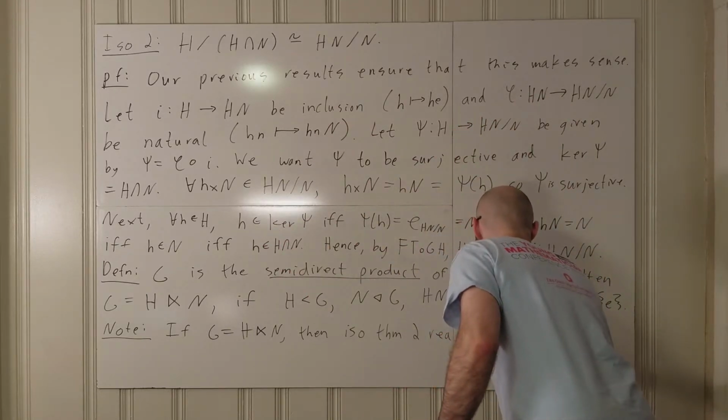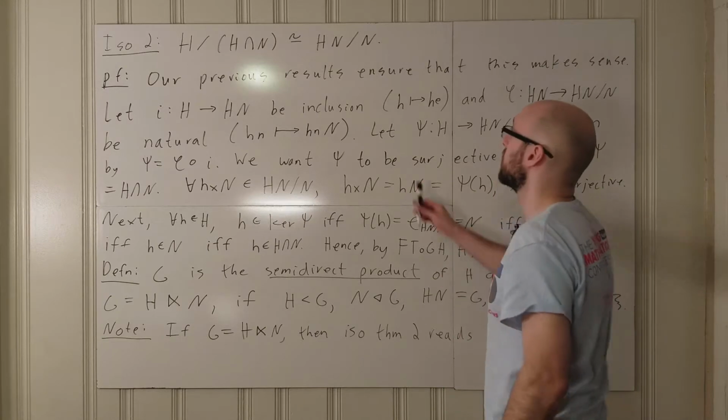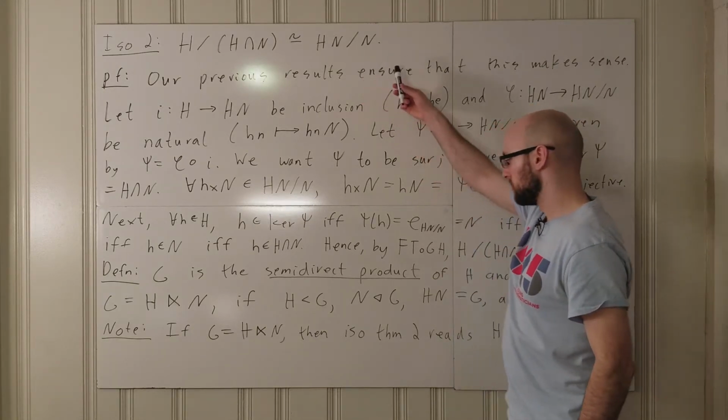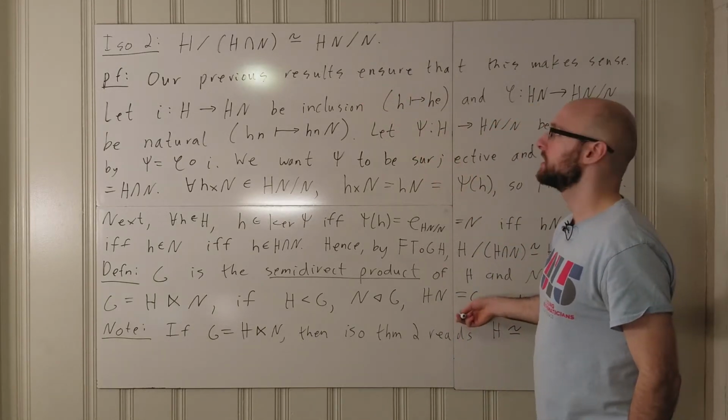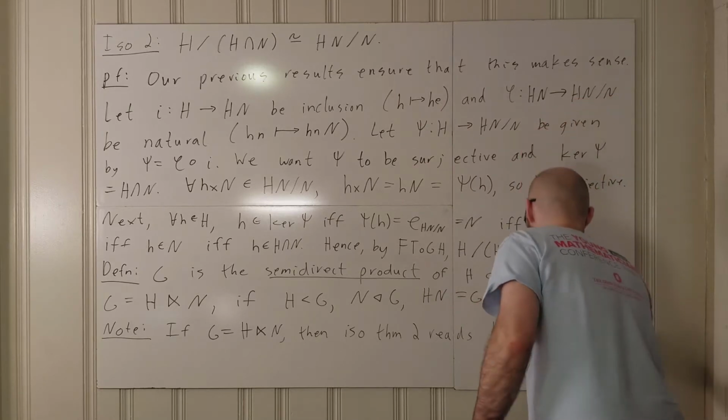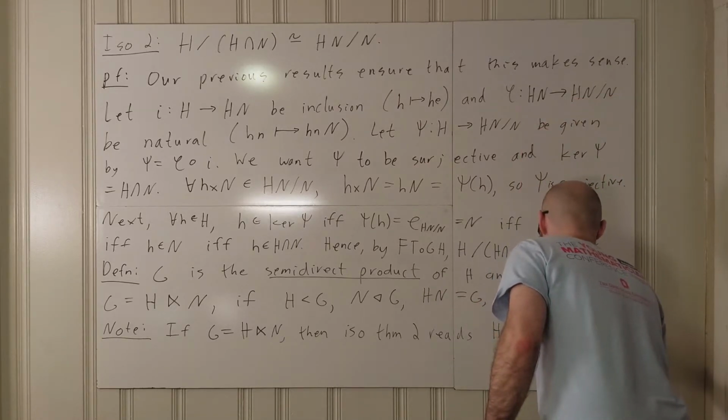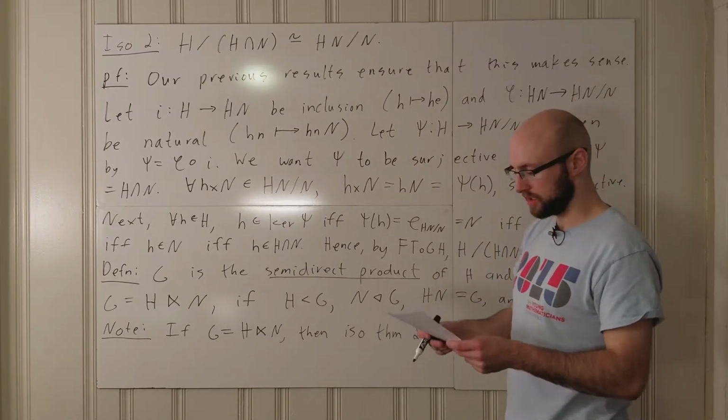So it's just H is isomorphic to HN. Well, we know HN is equal to G, and so that's just G. So this is H is isomorphic to G mod N. So that's sort of neat.